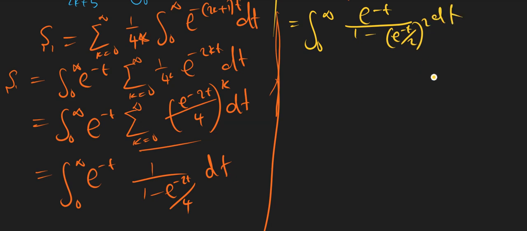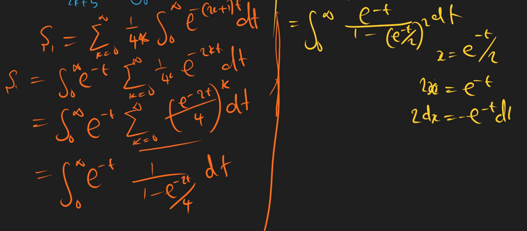So now we can make a substitution. Let's take x to be e to the negative t all divided by 2. Therefore 2x would be e to the negative t, so 2 dx would be negative e to the negative t dt.